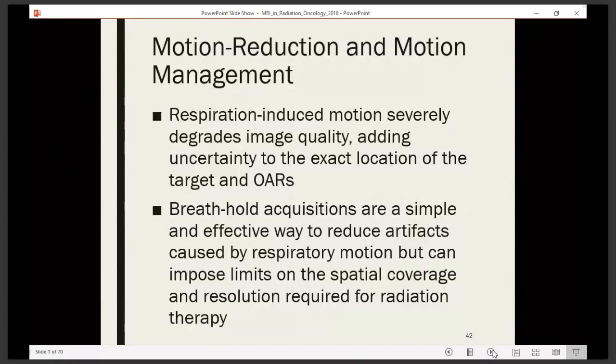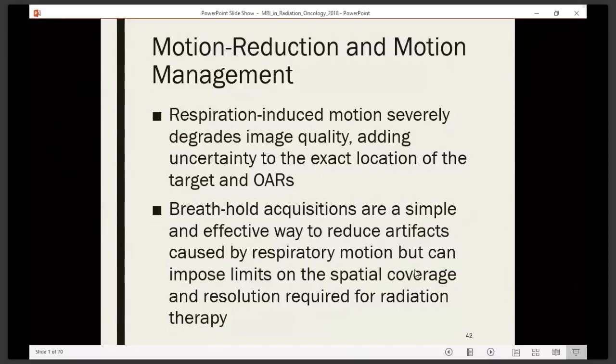But you can also get motion from blood flow, cerebral spinal fluid flow, and peristalsis in the abdomen. If you don't do something about the motion problems, they can lead to a lot of uncertainty about the exact location of your targets and your organs at risk.